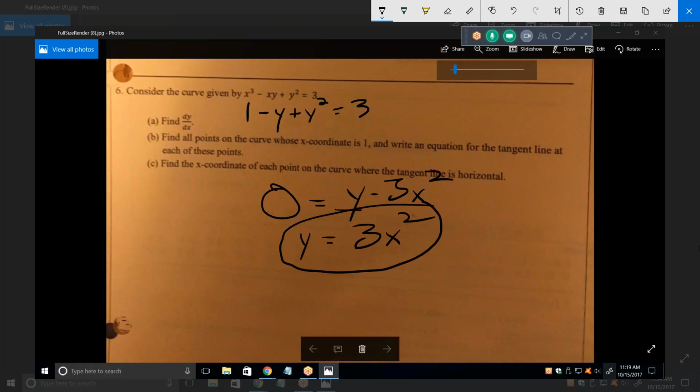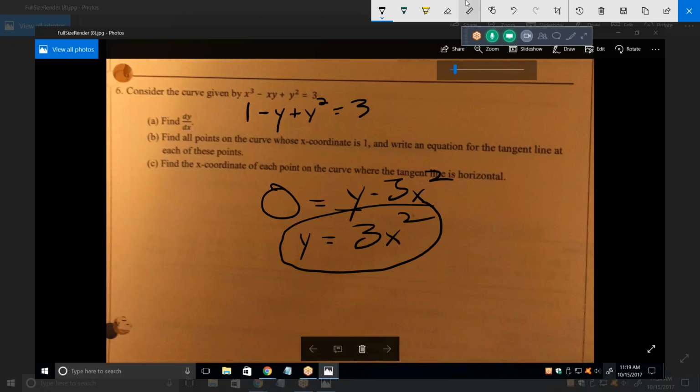A little confused here. I want to do something real quick. I want to bring up a screenshot. Y minus 3x squared. Remember that. In fact, here, let me write it down on a piece of paper. Y minus 3x squared has to be equal to 0. What was the entire derivative? Y minus 3x squared over what?